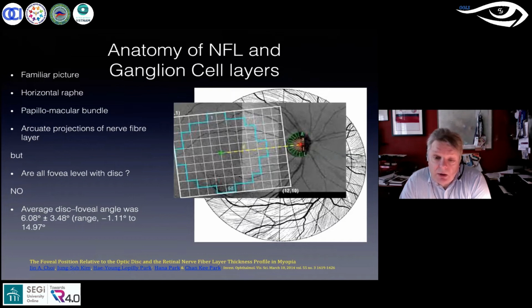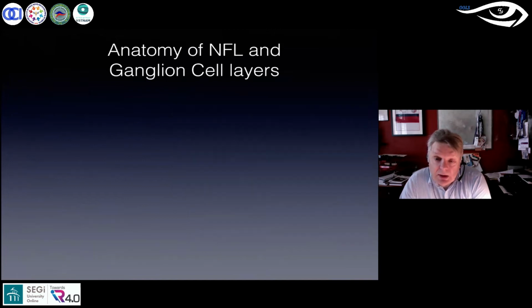So quite a degree of difference. And that was amongst relatively low myopes. It wasn't amongst people with significant staphyloma. So this results in a nerve fiber layer asymmetry, vertical to horizontal. If you draw a horizontal line across from the fovea, which is typically where our visual field plots are drawn, the raphe may not be exactly horizontal.